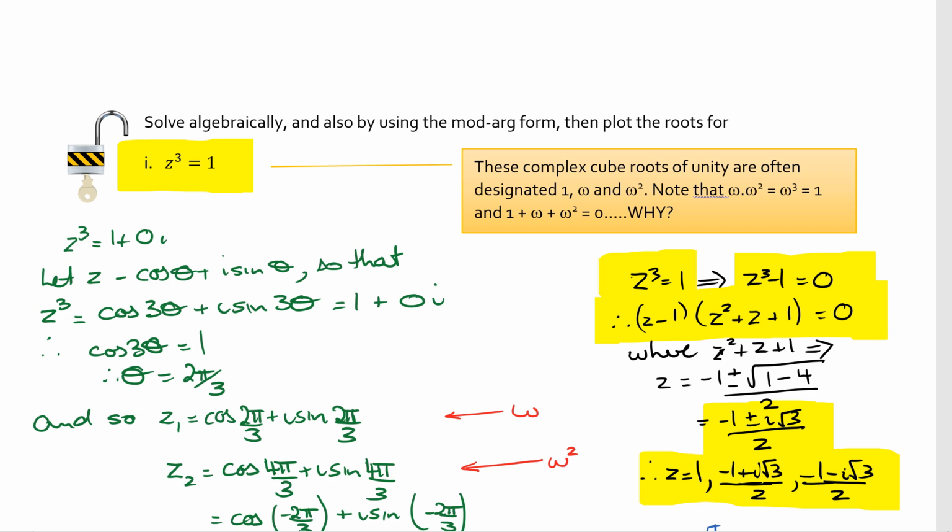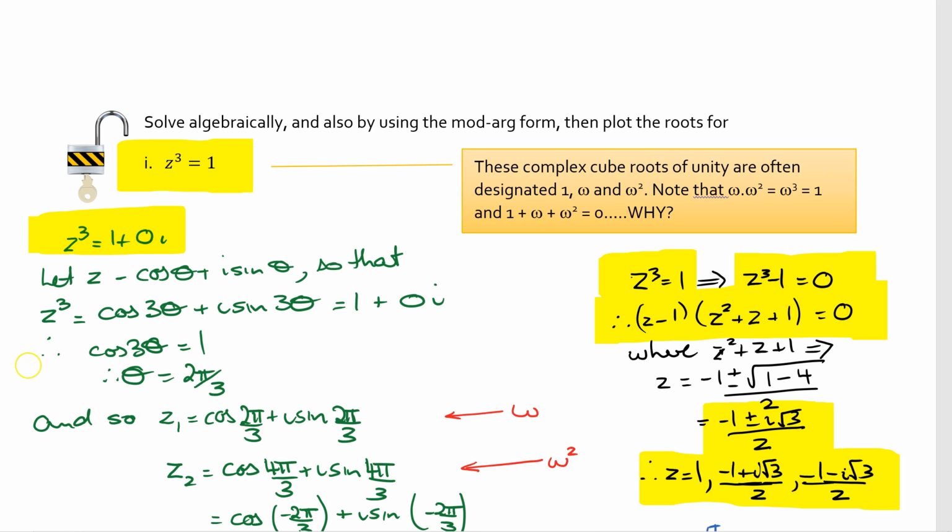Now, let's have a look at doing it via mod arg form. In mod arg form, we say z cubed is 1 plus 0i, because that's what 1 is. So let z, which is the cube root, be cos theta plus i sin theta, so that when we cube z, this is actually the more formal setting out of taking the root of a complex number.